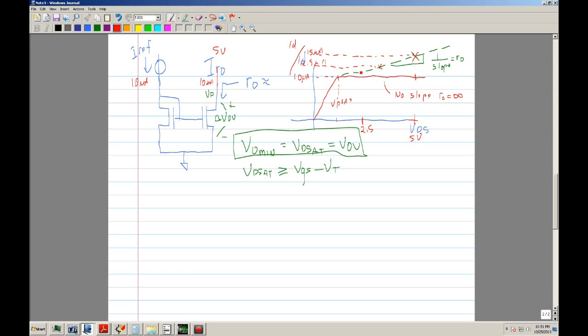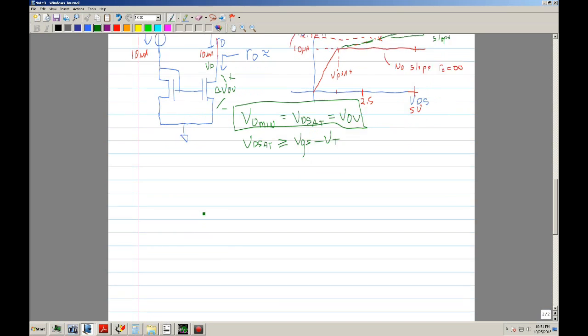You want something consistent. So this slope in the transistor is a problem. How do you get rid of that? Well, the solution is they do a cascode mirror.